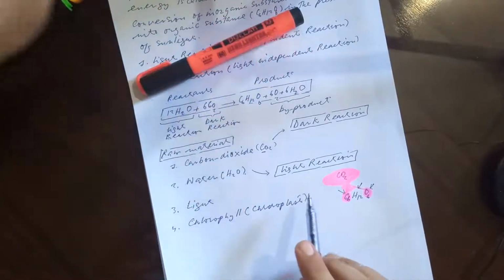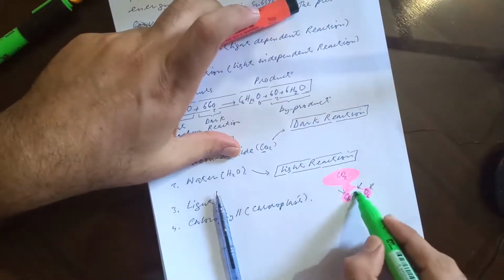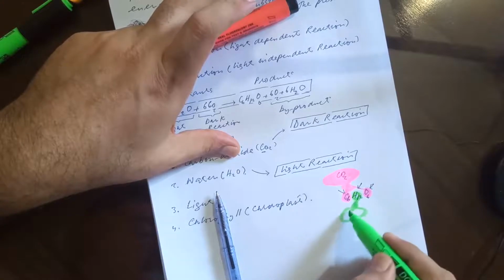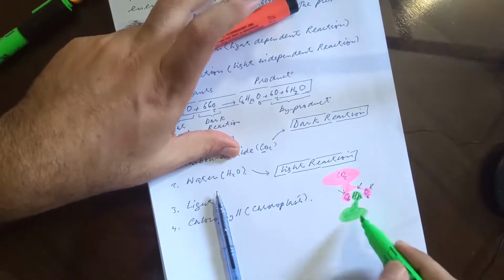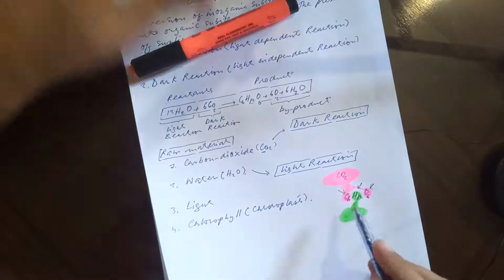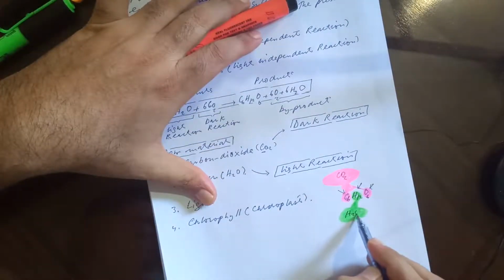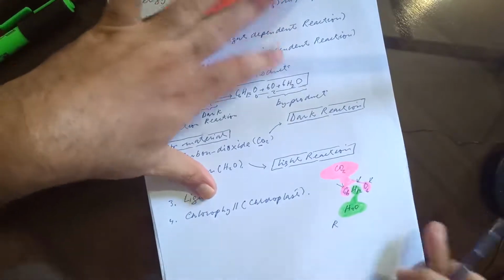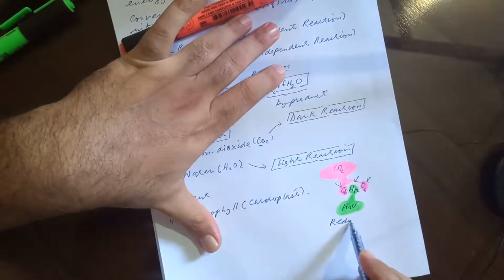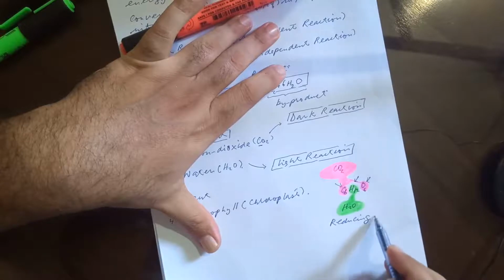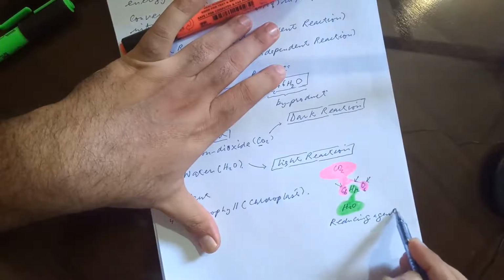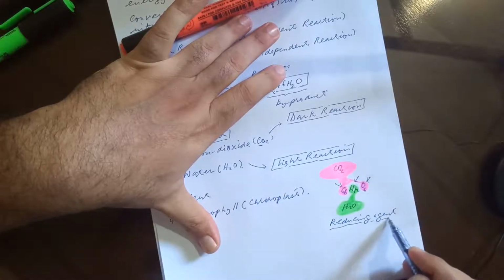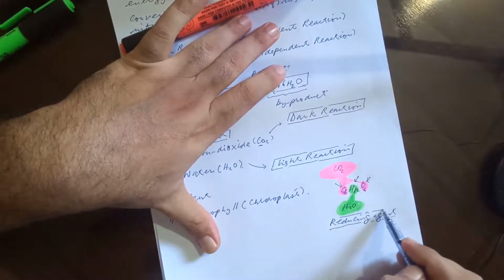What we are left with is the hydrogen, and remember, hydrogen is contributed by water. Perhaps you know that water is called a reducing agent. Why would you call anything a reducing agent? Because it contributes electrons, or it contributes some hydrogen.